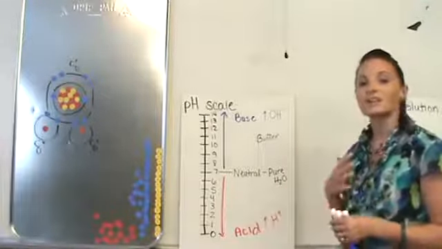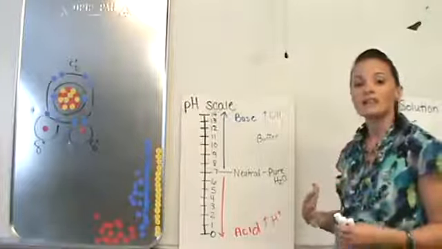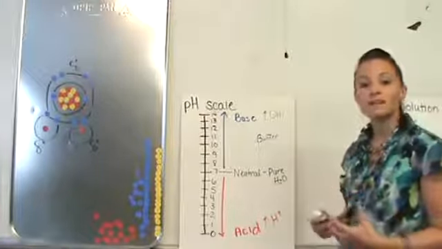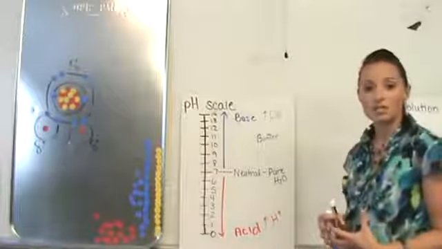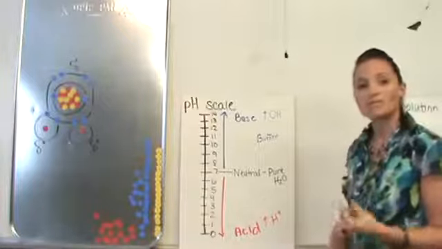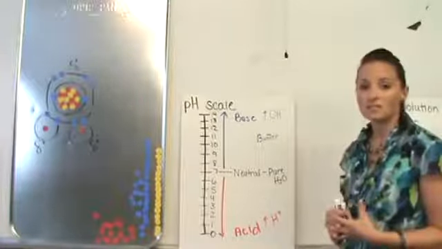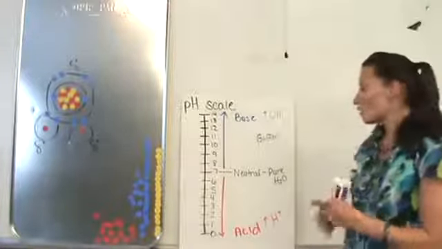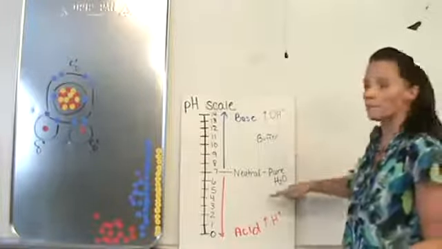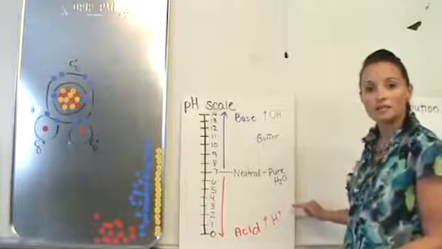This helps in our bodies a lot. Our bodies actually contain lots of buffers. The pH of our blood has to maintain a certain pH. And if it goes outside of a certain range of that pH, then we have some major issues within our system. And so we have these buffers in our system that stop the change of that pH to a drastic level.